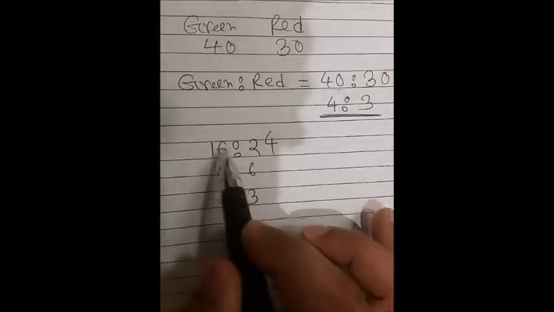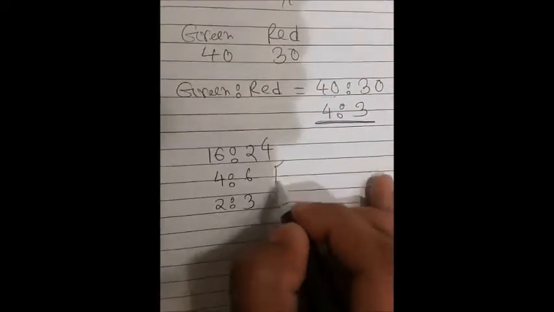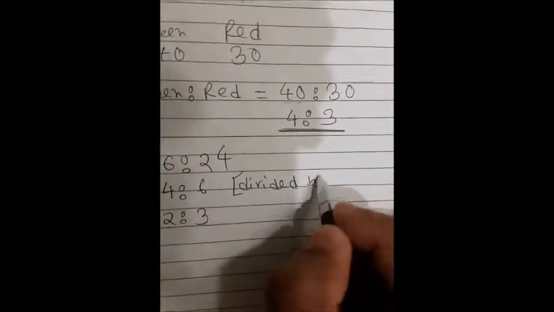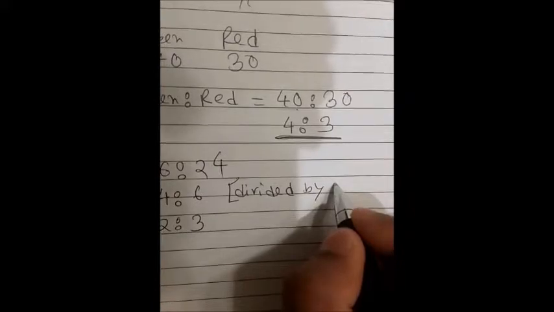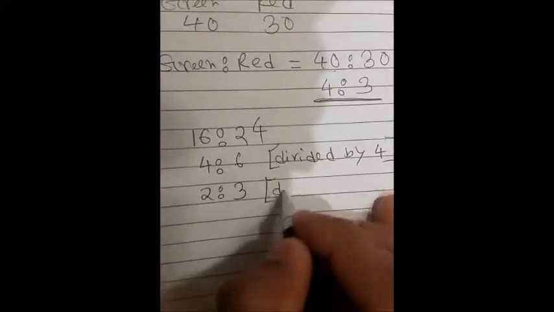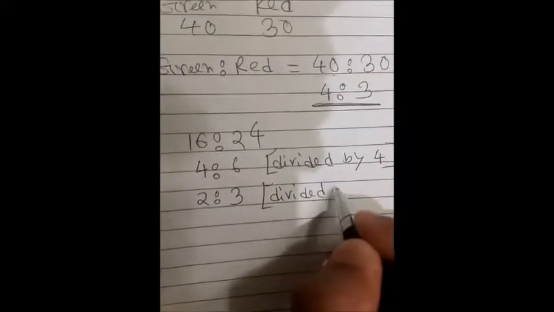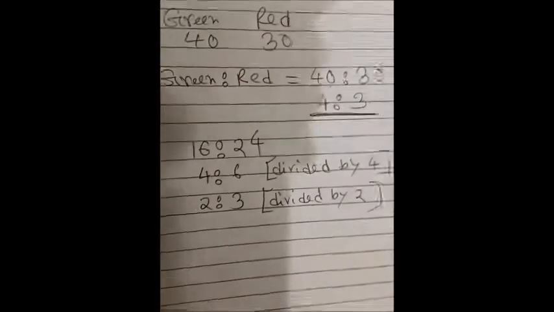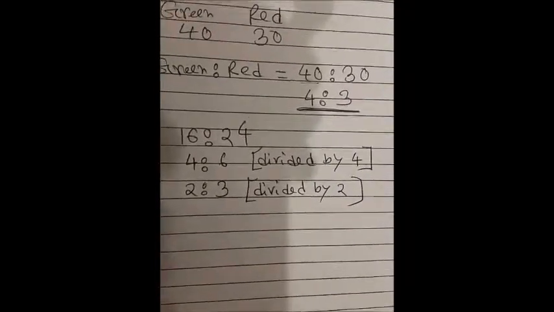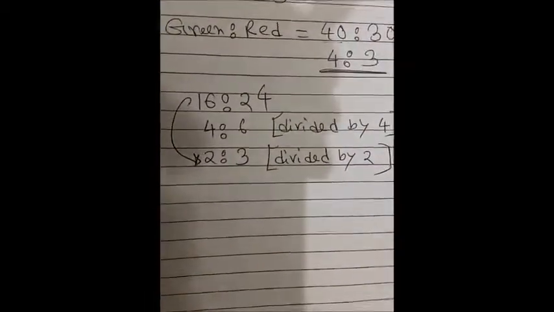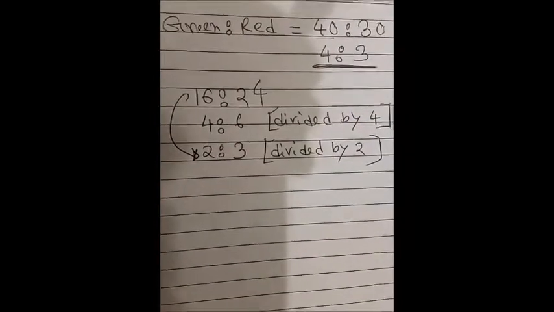So what happened? 16 and 24 we divided by 4, and here we have divided by 2, and this is how we have simplified. So 16 is to 24, if we simplify, we'll get the answer 2 is to 3. So this is how we can simplify the ratio.